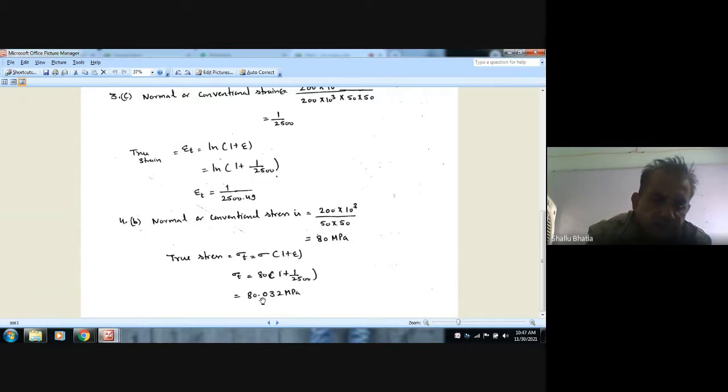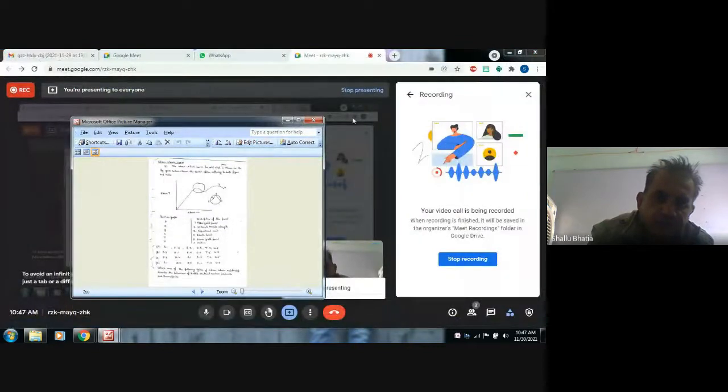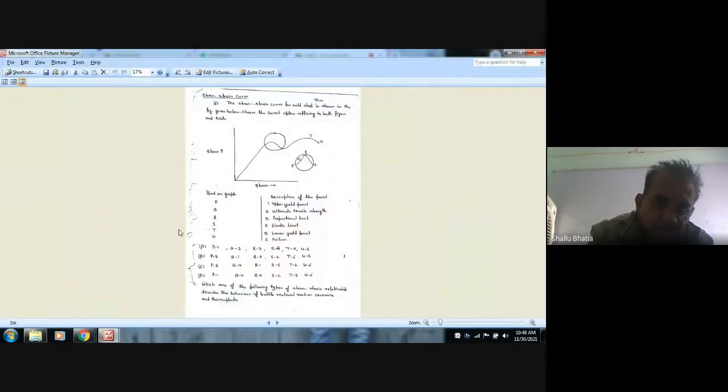So the true stress will be sigma t is 80.0320. Here we can see that the value of true stress and simple stress is almost the same within elastic limit, and it takes a change after the elastic limit. Here there will not be reduction in area.